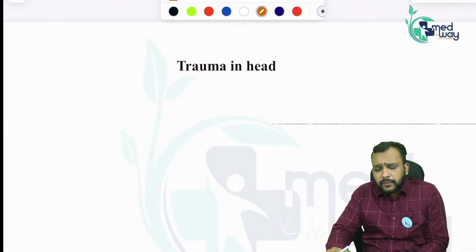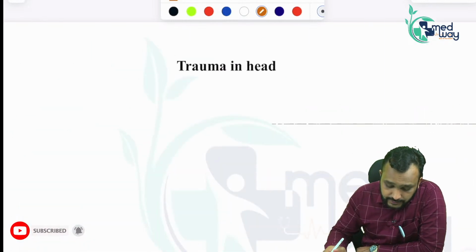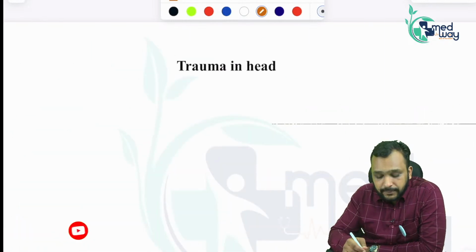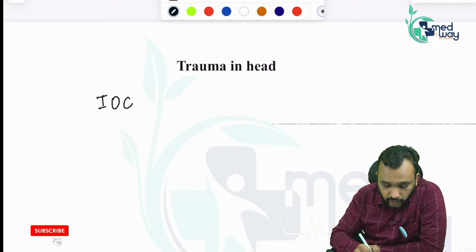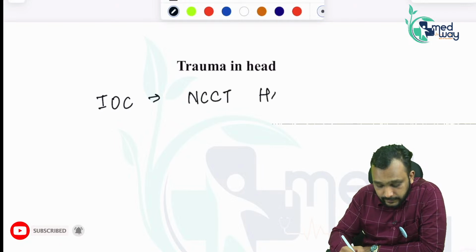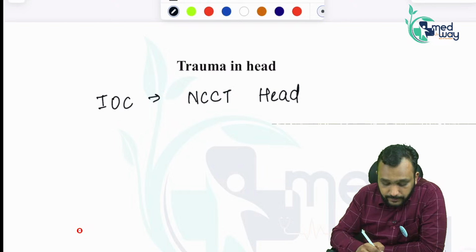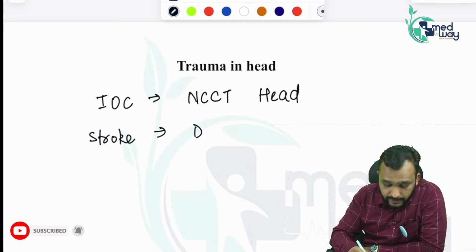Now guys, let us discuss important imaging appearances in trauma, right? So how to identify a bleed? What is the investigation of choice in a patient with trauma? It will be your NCCT head. In patients with acute stroke, your investigation of choice will be MRI.